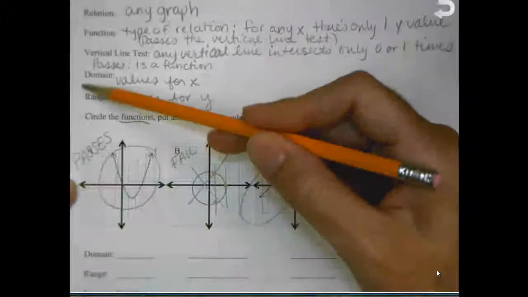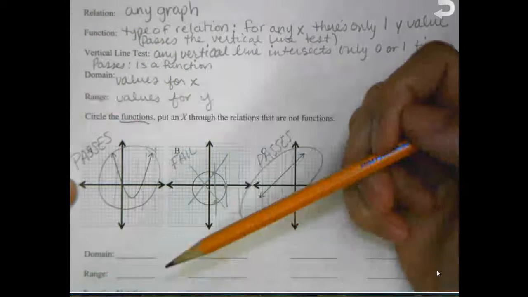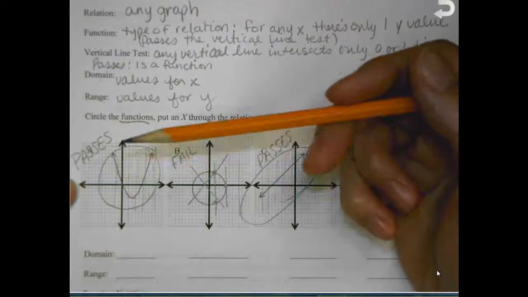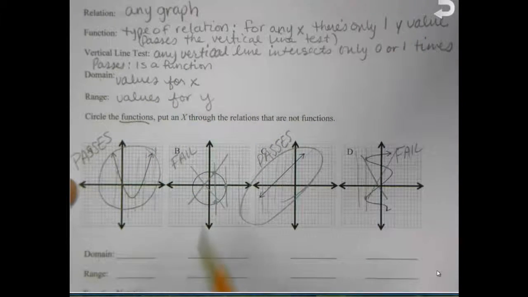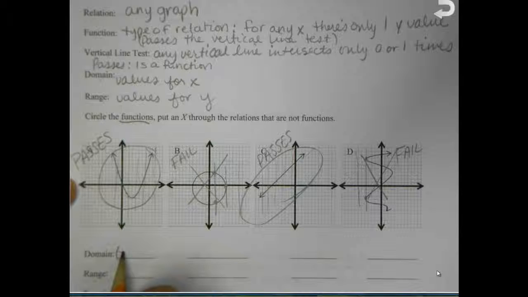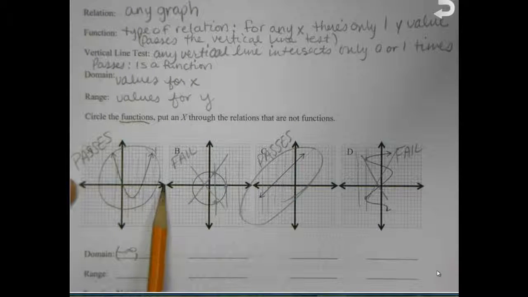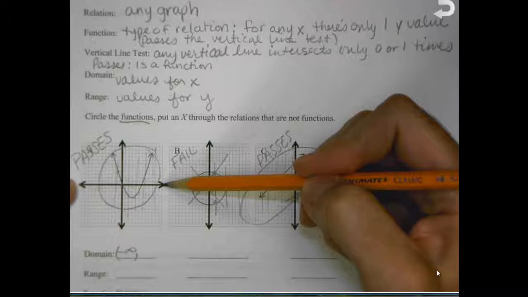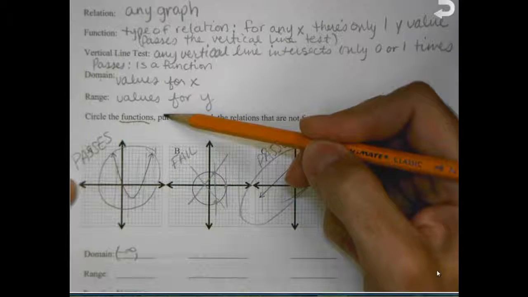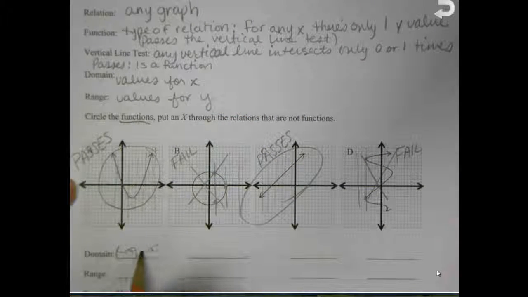Would I eventually be able to go up and find a point that matches for this parabola? And the answer is yes, so I know that I can go all the way out to -infinity, and then the same thing all the way out to +infinity for my x values. Eventually I'll be able to find a point on my graph if I go up high enough.